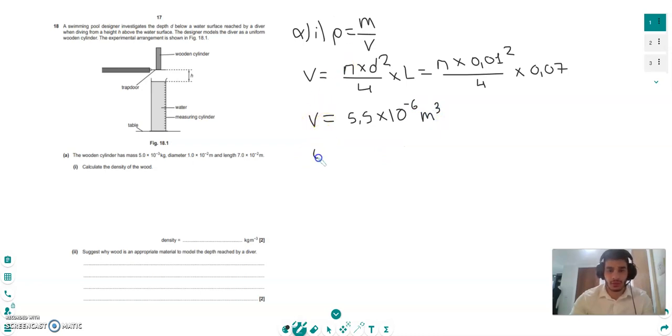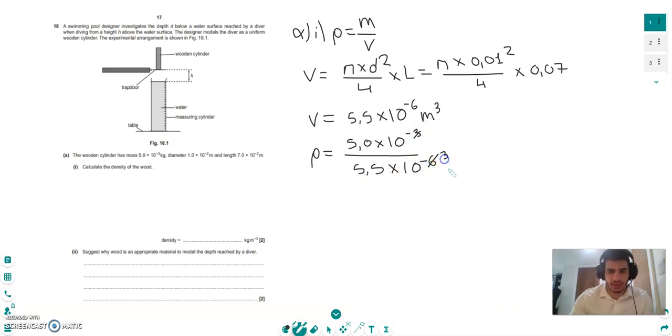Now that we know the volume, we can find the density, and that would be 5.0 × 10⁻³ divided by 5.5 × 10⁻⁶.